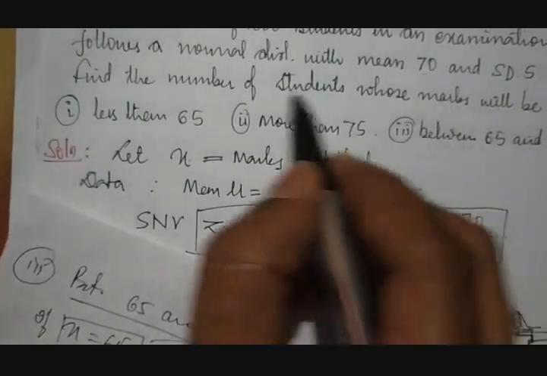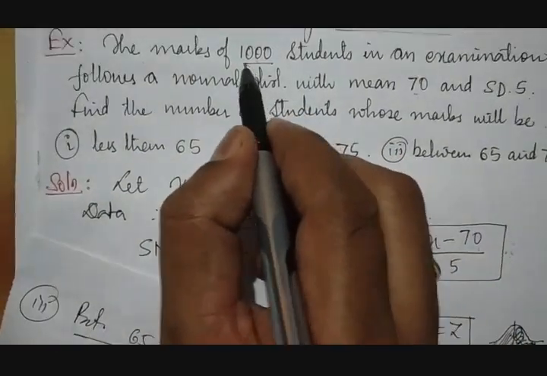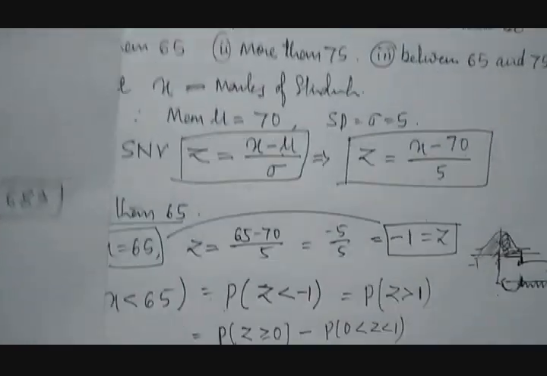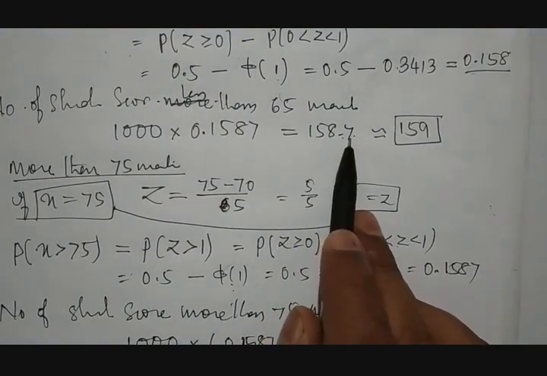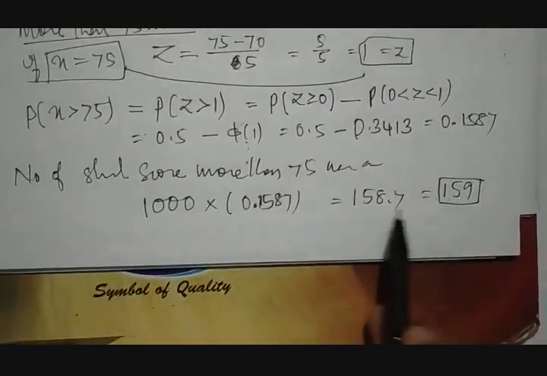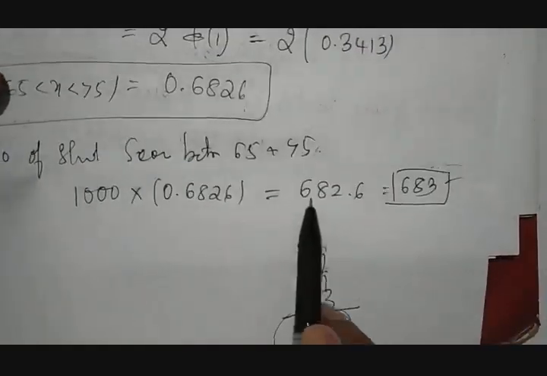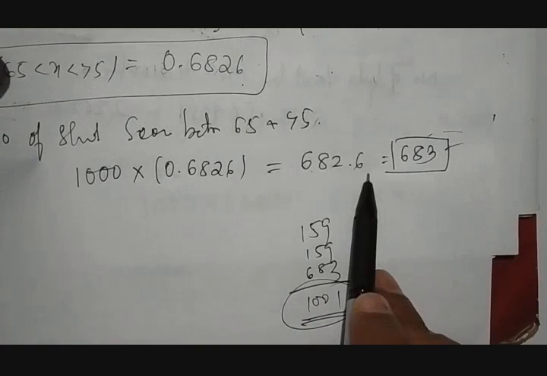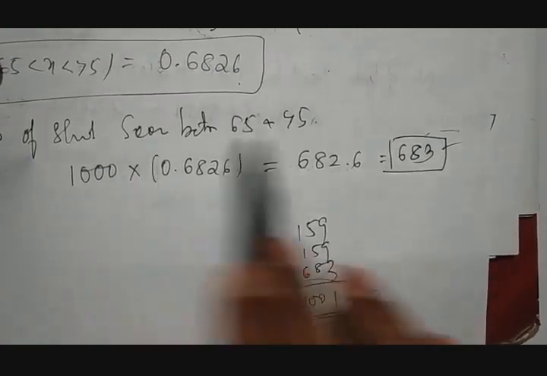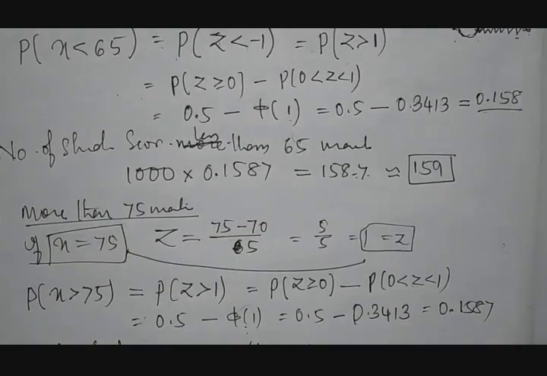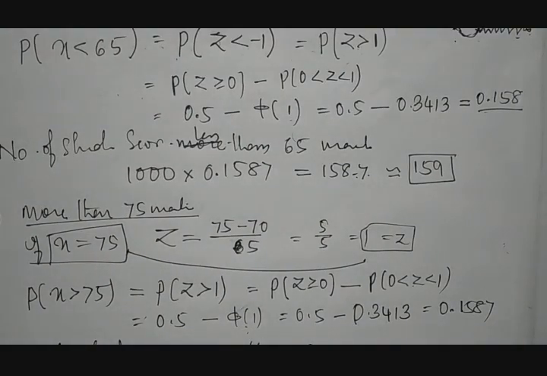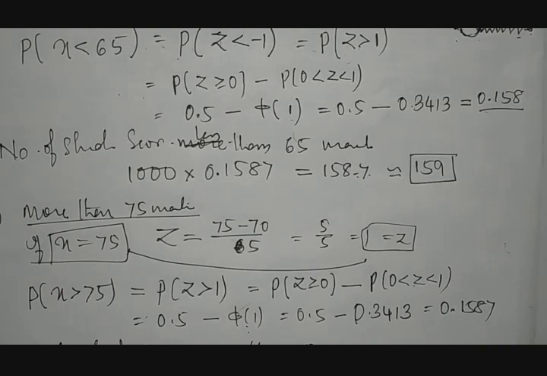Because there are only 1000 students in the college, and we got this because we have taken the fractions addition. It is 158.7, this is 158.7, and this you can see is 682.6. If you add these numbers, you will get exactly 1000. Fine. So go through this example. Especially normal distribution will help in bulk data. Thank you.